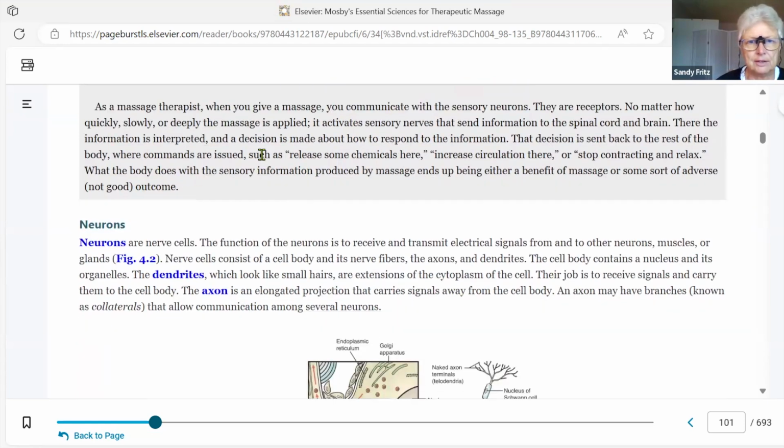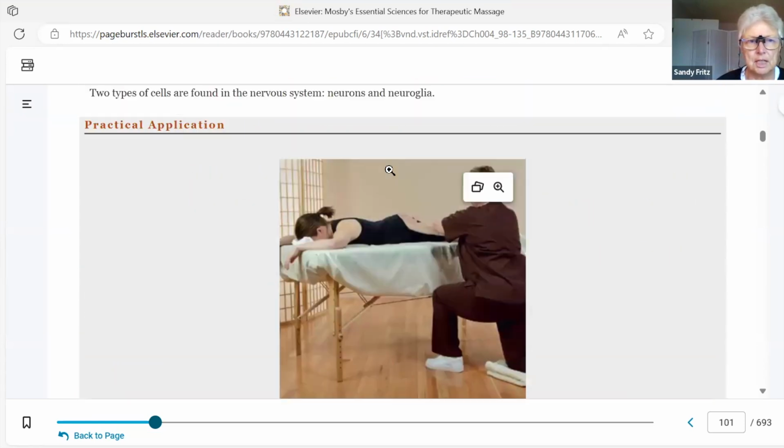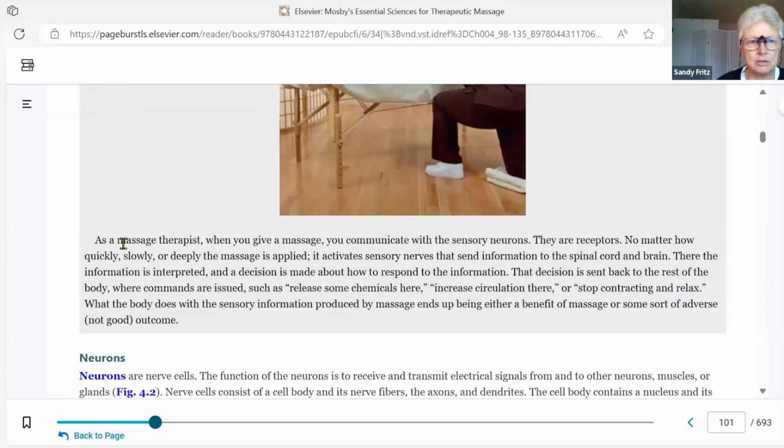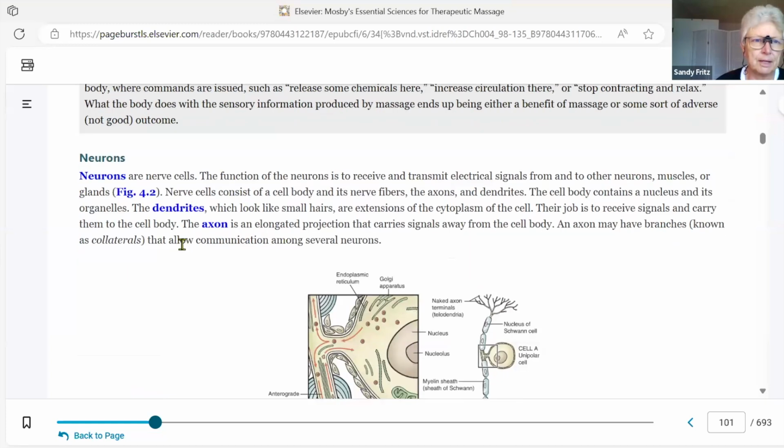And again, this little professional application is for massage therapists. When you give a massage, you communicate with sensory neurons. They are receptors. They're the listening stations, and then they send the message. So a neuron is a nerve cell, and they have parts.